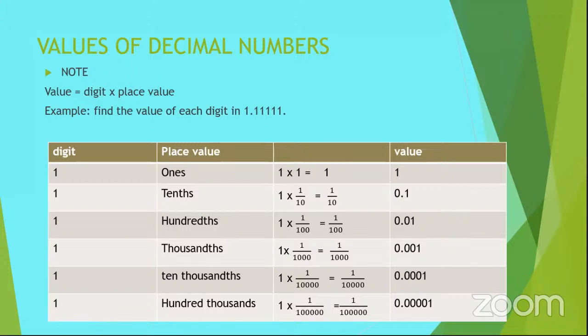When you multiply this whole number by the numerator up here, we get 1 out of 100. How do we write it? We write it as 0 to stand for a whole number, 0.01. Why do we have 2 digits here? We have 2 digits because our denominator here, which is 100, is carrying 2 zeros.